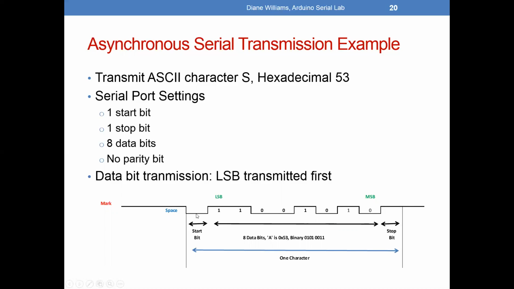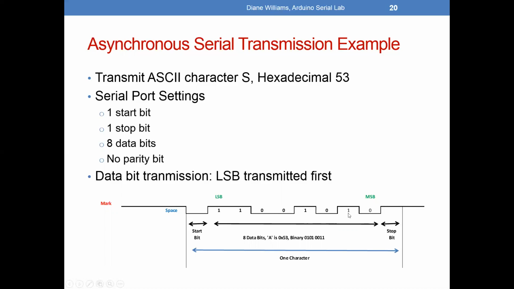And so we always start with the start bit. When we start transmission, we go from high to low for 1 bit period, and then let's see what's transmitted. The least significant bit is transmitted next. So in this hexadecimal 53, 3 is 0011, so this looks like we've inverted it.